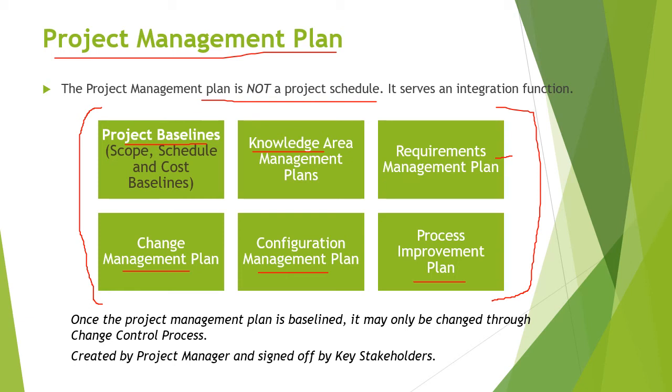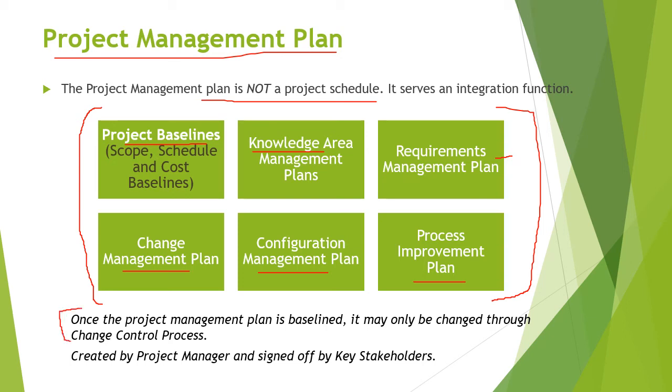Another important thing that we need to take care of is that once the project management plan is baselined, it may only be changed when a change request is generated and approved by the project integration change control process. Okay, so this is a very important thing to notice.